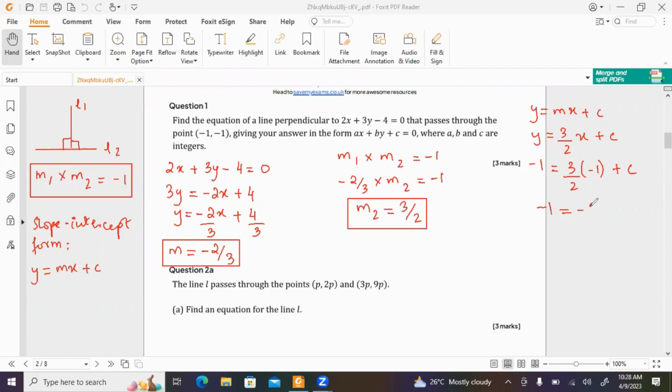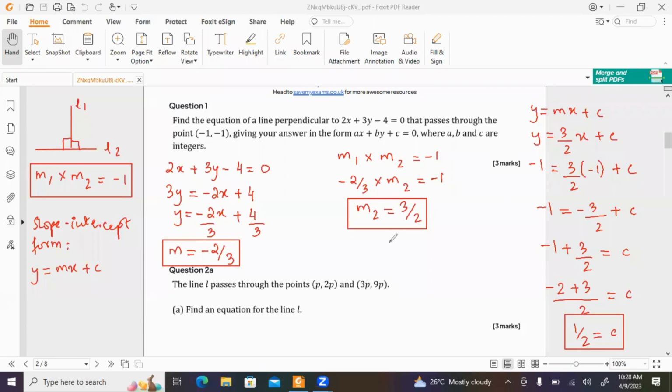So -1 equals -3 by 2 plus c. -1 plus 3 by 2 equals c. -2 plus 3 over 2 equals c, which is 1 by 2. So the value of c for the second line is 1 by 2.